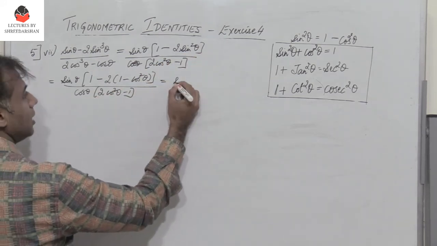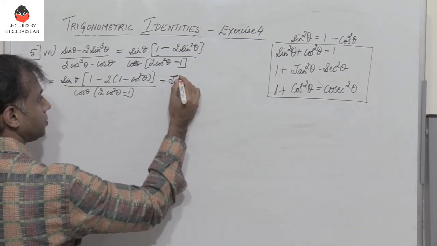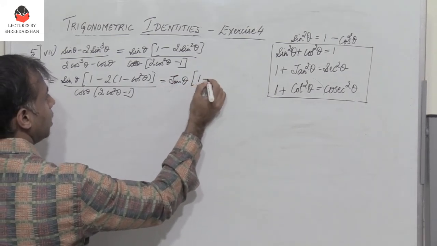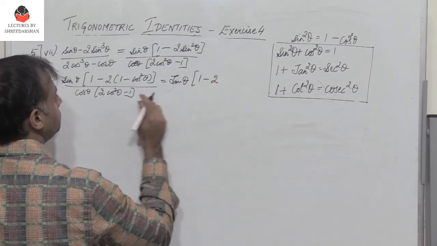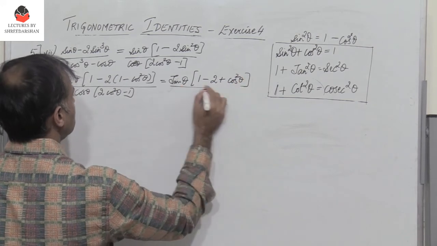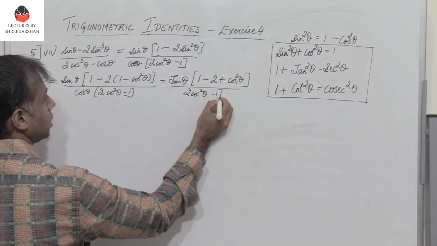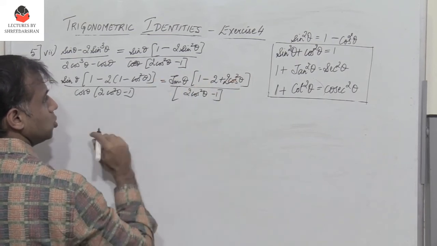So now I have, this is sine theta by cos theta is tan theta, and then I have 1 minus 2, right, plus cos square theta divided by 2 cos square theta minus 1, right? So this is 2, right?